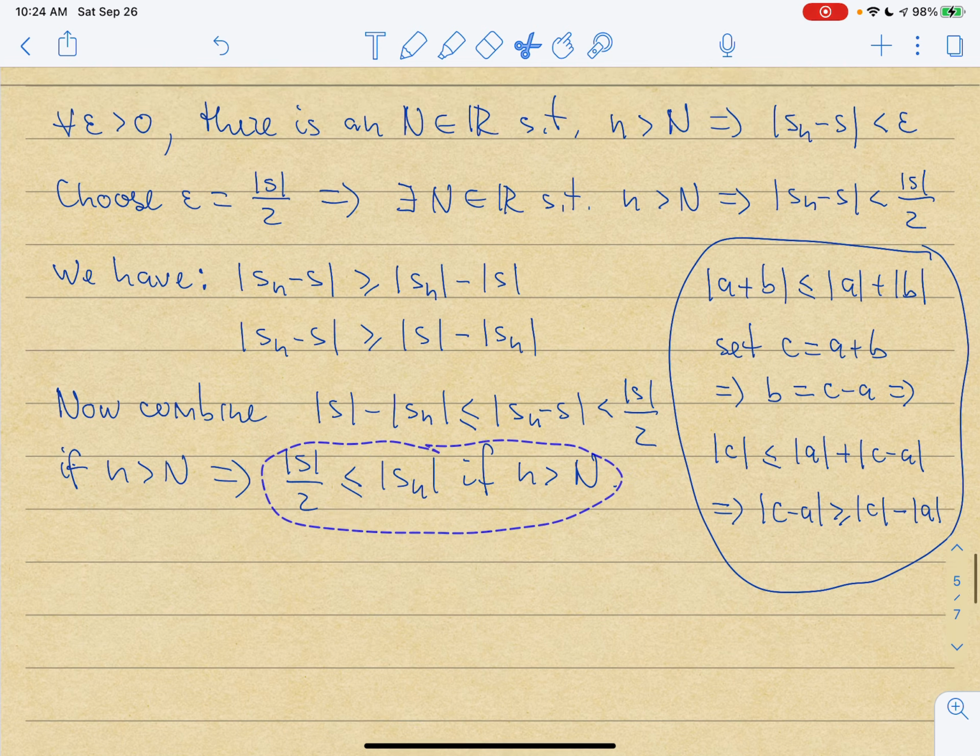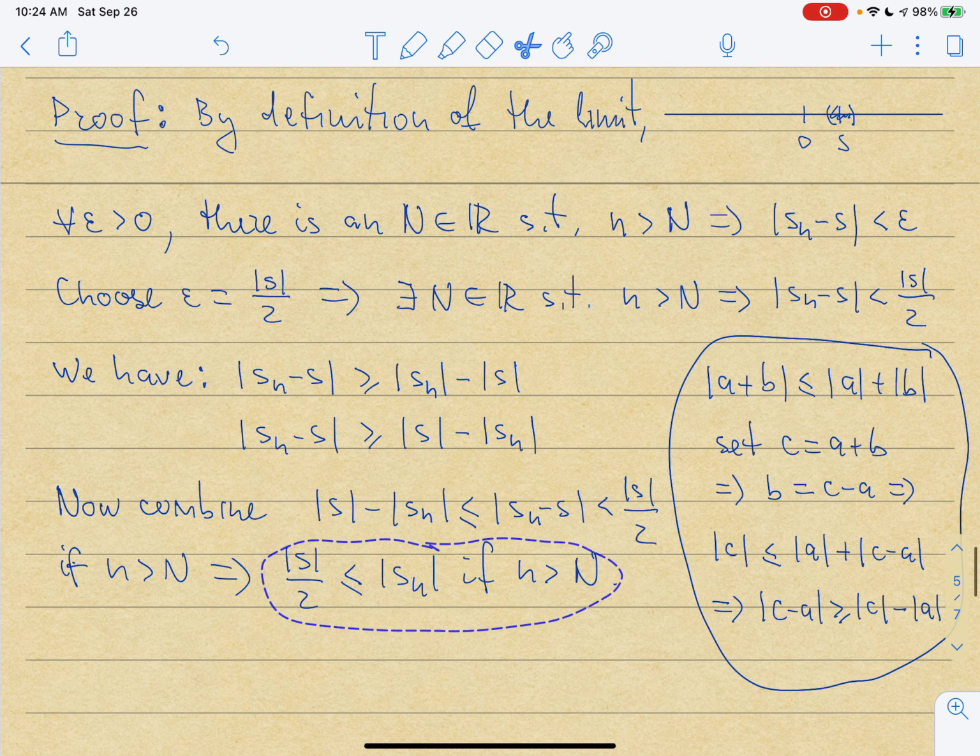And actually what I have established is nothing but what I promised on this picture here, right? That eventually, when n is sufficiently big, Sn is so close to S that its absolute value must be bigger than S over 2, right? So I have to stay away at least absolute value of S over 2 from 0.